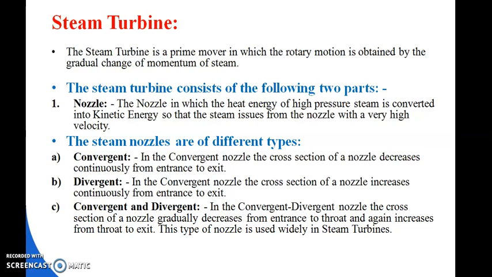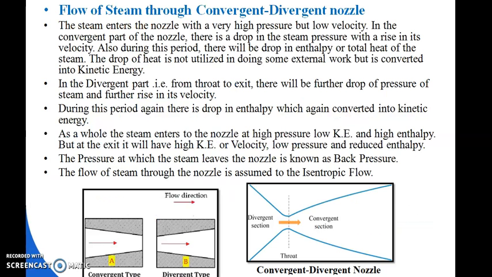But in the case of a divergent nozzle, the cross section gradually increases from entrance to exit. In the case of a convergent and divergent nozzle, the cross section gradually decreases from entrance to the throat, the middle part known as the throat, and again increases from throat to exit. This type of nozzle is widely used in steam turbines.